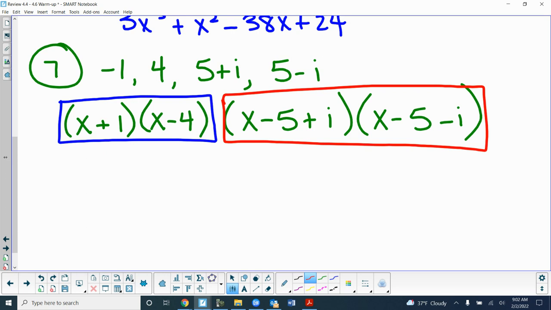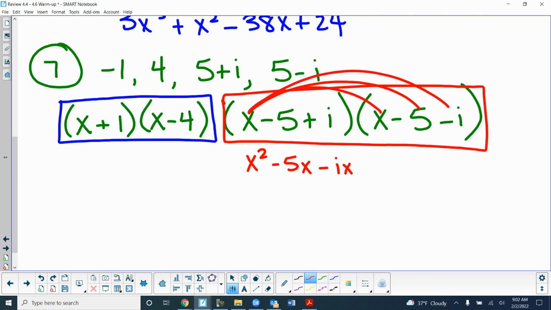However you want to do it, but you have to do these two together to get rid of the i's. So we go x times x, x times negative 5, and x times negative i. Right? Yeah.